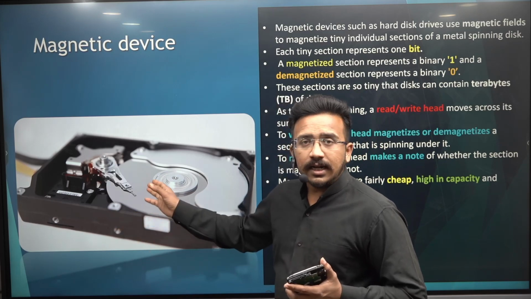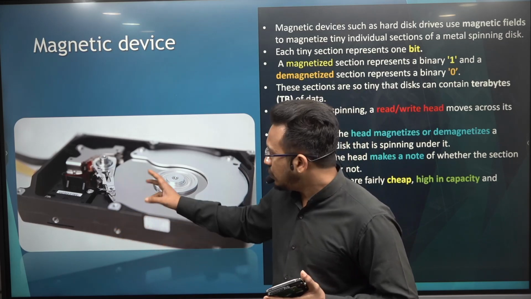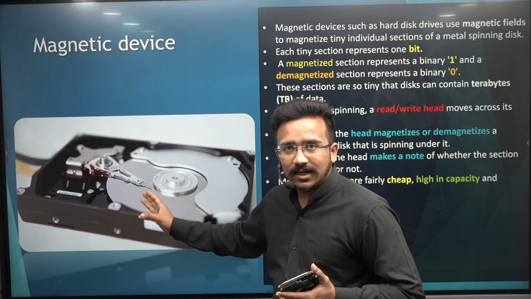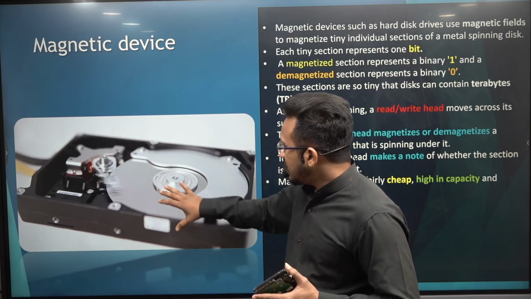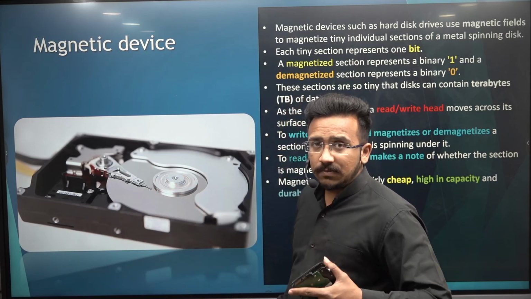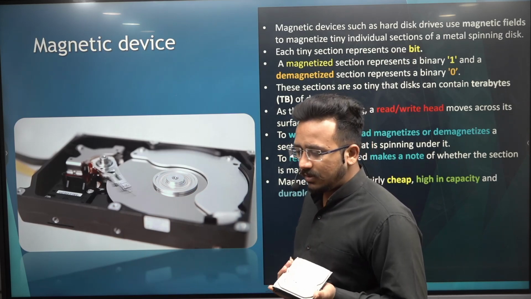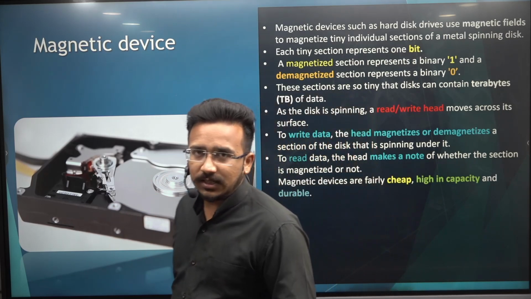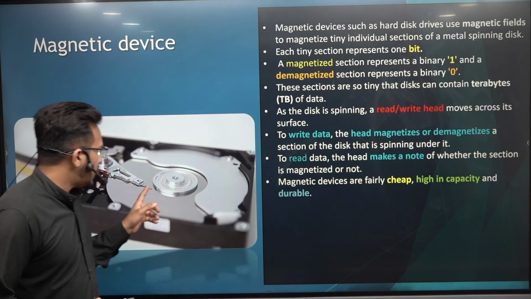Every time the head needs to read the data, it needs to move from this side to that side. In this case, this particular hard disk becomes lower in speed. It has low speed because it has a moving part.